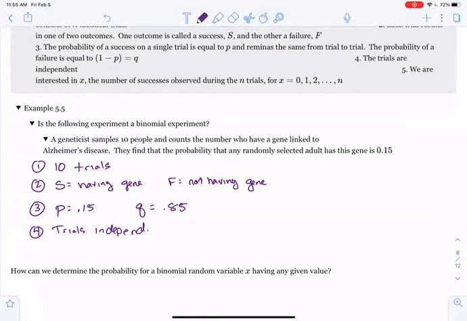One randomly selected adult having this gene does not affect whether the next randomly selected adult has the gene that is linked to Alzheimer's. And five, we can in fact say X is the number of people having this gene. We can in fact count. So yes, this is going to be a binomial experiment.